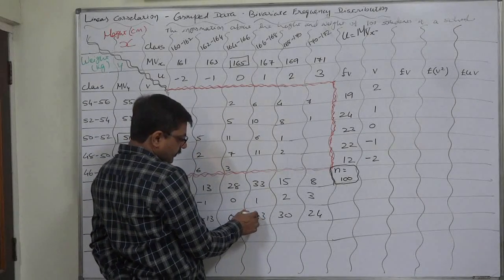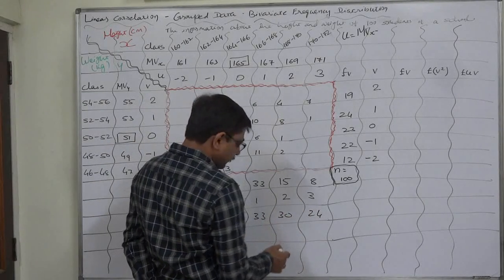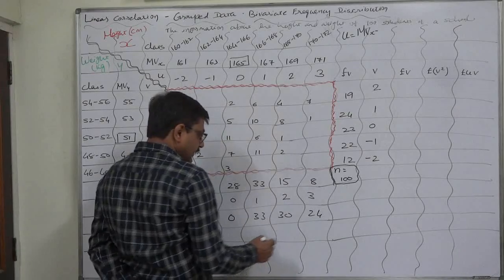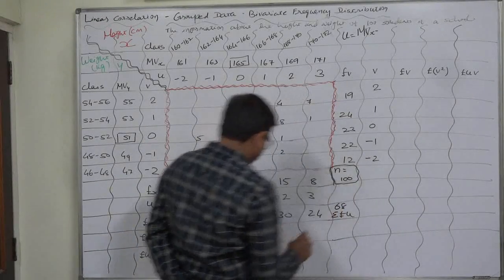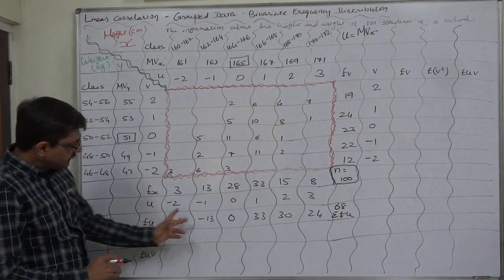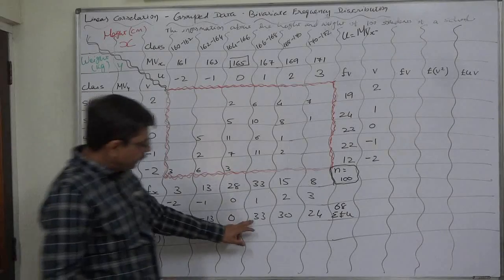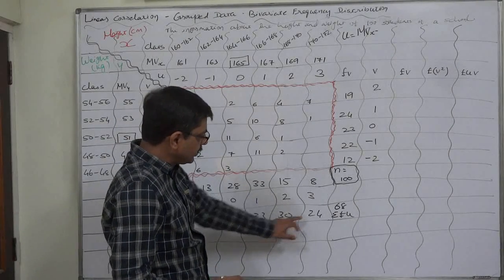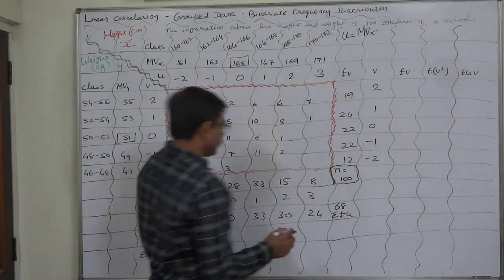And here it will be 33 plus 30, 63 plus 24, 87. 87 minus 19 will be 68. Sigma fu. Or you can subtract these numbers from any one. 33 minus 19 will be 14. 14 plus 24 will be 38 plus 30, 68. That is another way to get the same total.